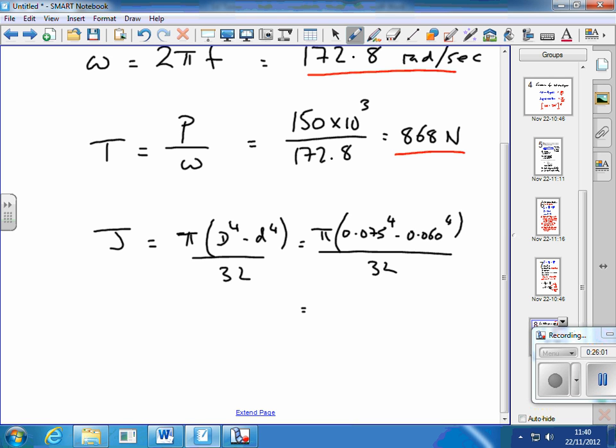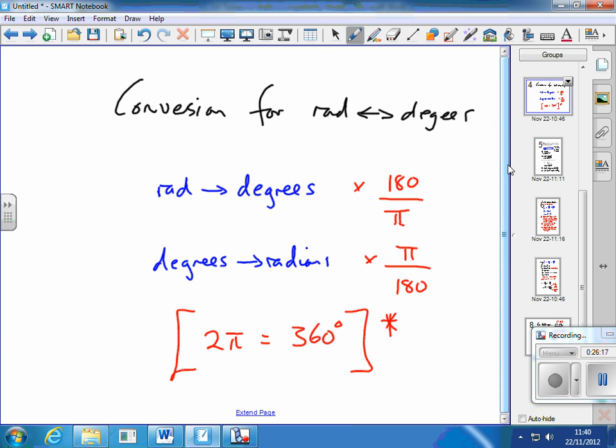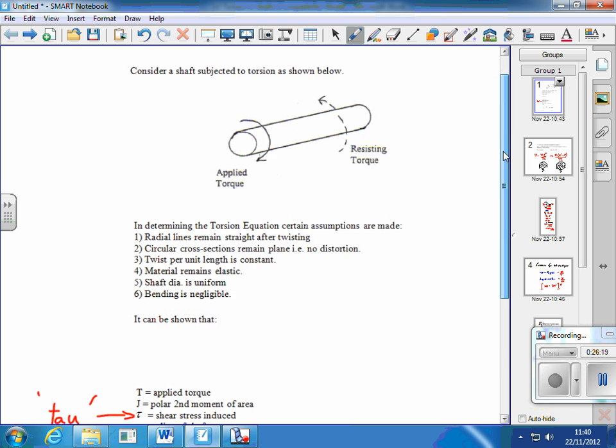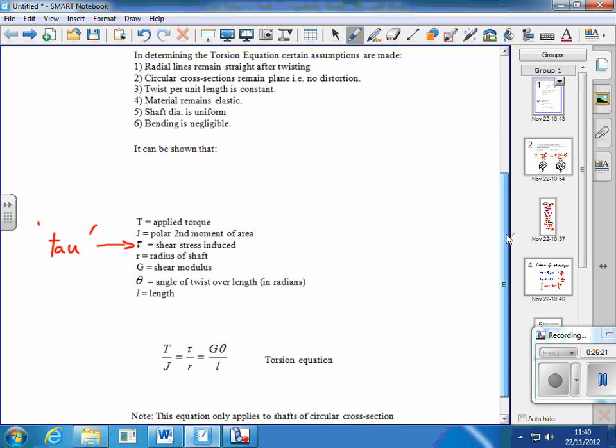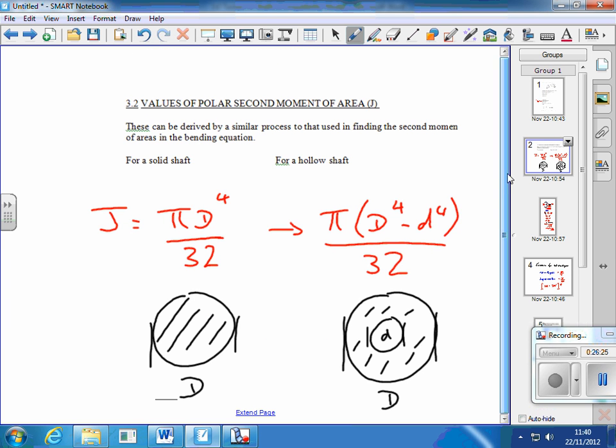1.83, did you say? 1.83 times 10 to the 6. And that will be in newtons per square metre, is it? Oh no, that'll be in meters to the 4, won't it?